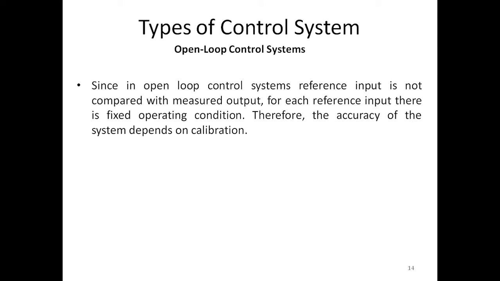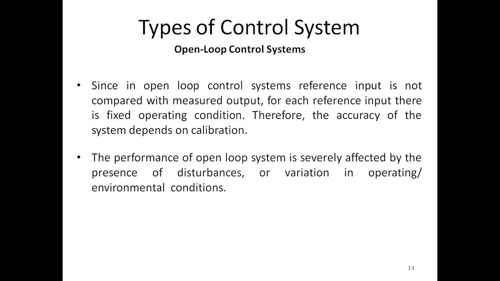Time to time calibration of that system is a very important factor in this open loop control system. The performance of the open loop control system is severely affected by the presence of disturbances. Of course, we are not measuring output, so we don't have any idea how the external or internal disturbances affect the output. So it is insensitive to disturbances.